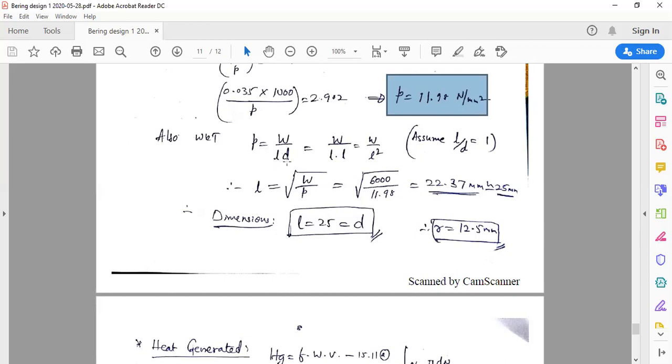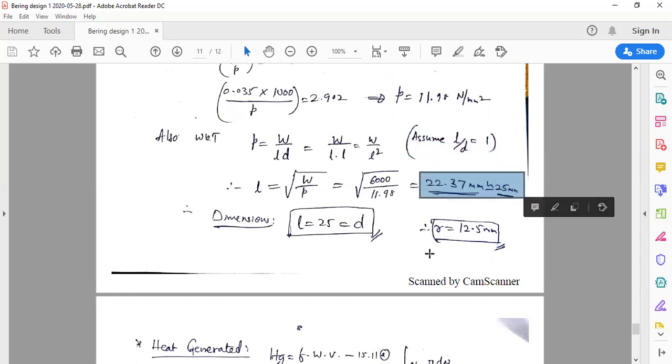So dimensions means L and D. We have to assume L by D ratio either 1 or 1.5 or 2. Now I have assumed here L by D as 1. You can assume 1.5 also. So if I substitute L in terms of D, or D in terms of L, the value of L obtained here is from the W by P equation.